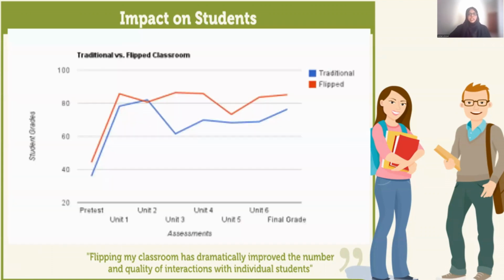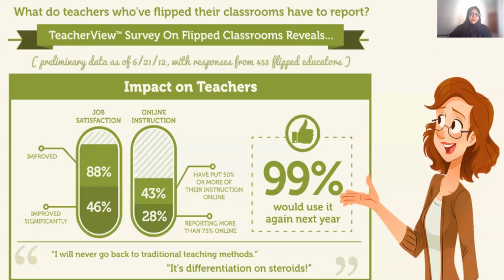And in fact, a teacher in her study on flipped learning had plotted the grades of the students in a traditional classroom and a flipped classroom, and we can clearly see how the flipped classroom grades are exponentially increasing over time. And also, not to forget how teachers are very well satisfied with the learning that's going on in the classroom and they see good progress. So, happy students, happy teachers, great learning is going on.